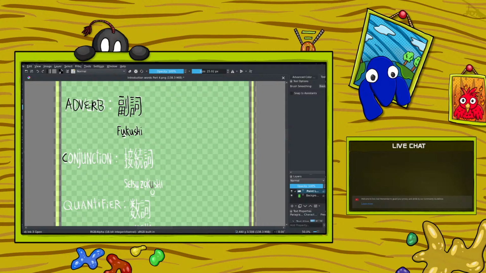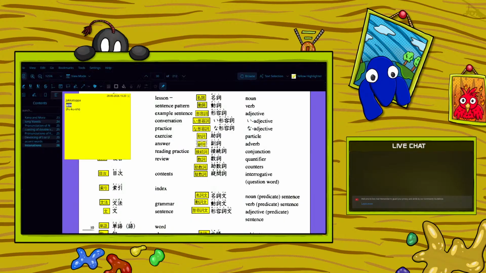So now we're going for conjunction. Alright, so now we're going to look at that. So let's see where that leads us.